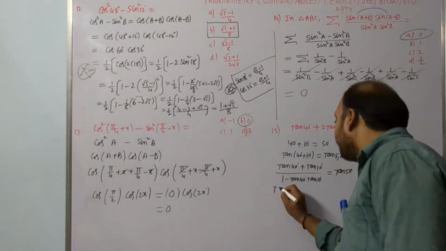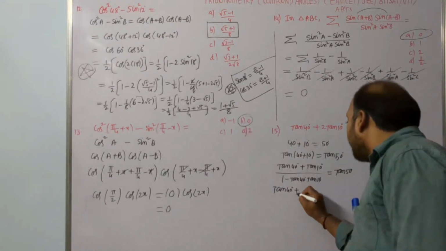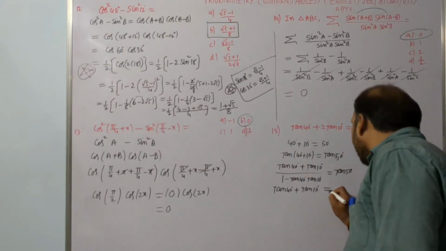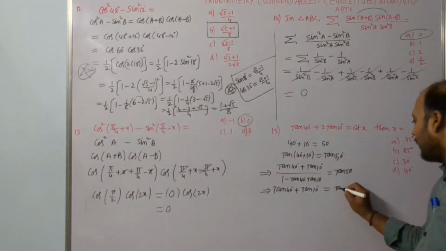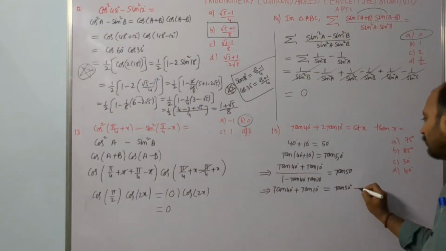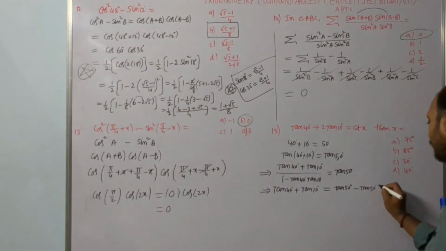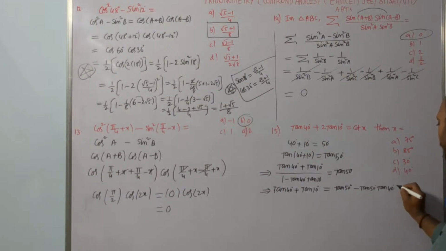Now cross multiply. Tan 40 plus tan 10 is equal to tan 50 into 1, minus tan 50 into tan 40 into tan 10. In this, tan 50 into tan 40, previously I wrote one formula: if A plus B is 90, then tan A tan B is equal to 1.